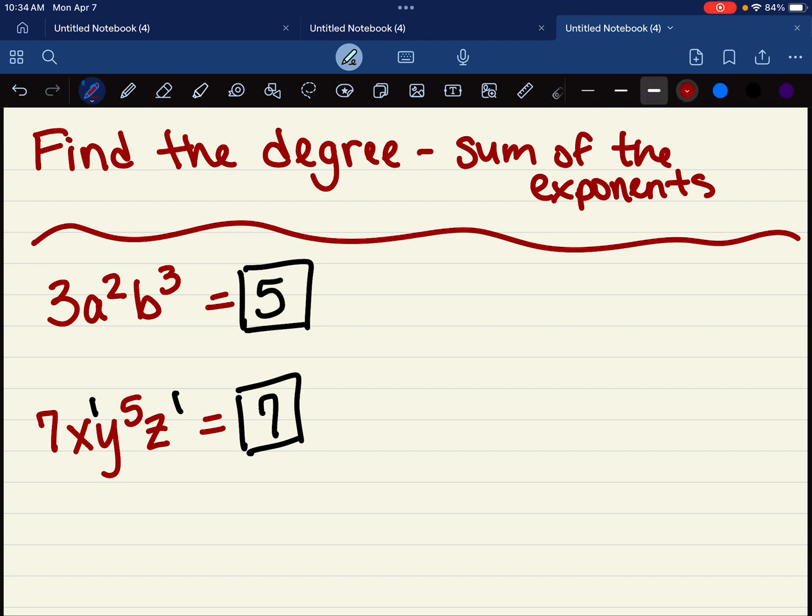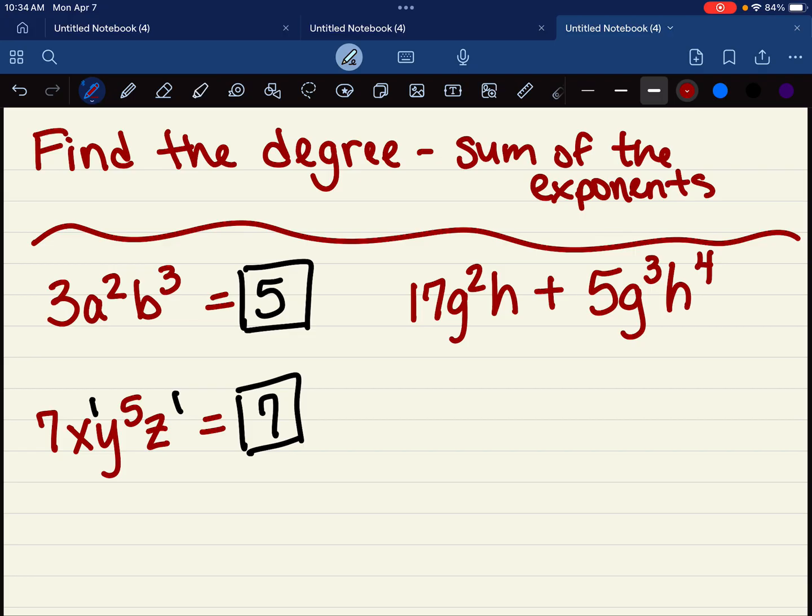Which I'm going to show you. So 17g squared h plus 5g cubed h to the 4th. What type do I have here? Monomial, binomial, or trinomial? Binomial, right? There are 2 parts separated by what? An addition sign, okay? So I have one monomial on the left, one monomial on the right.